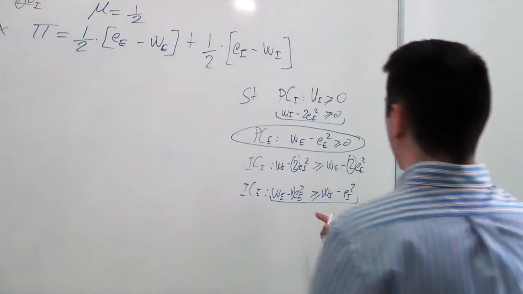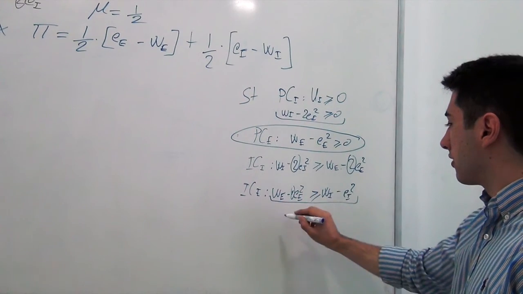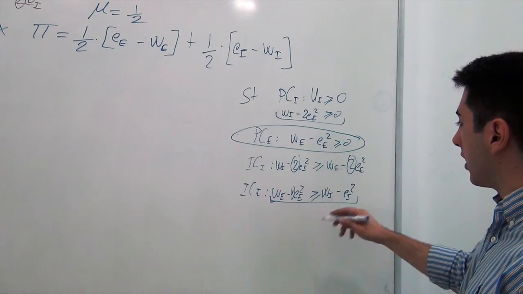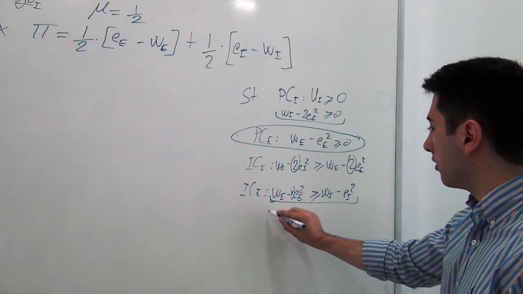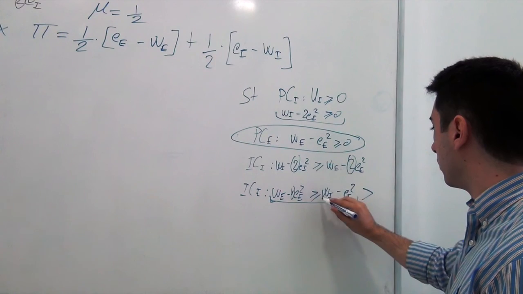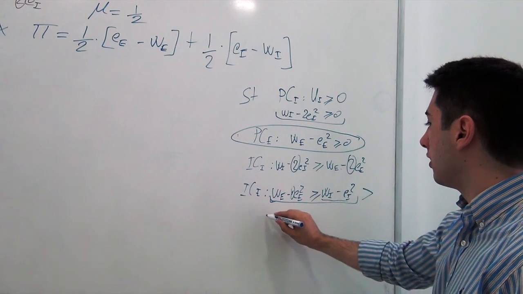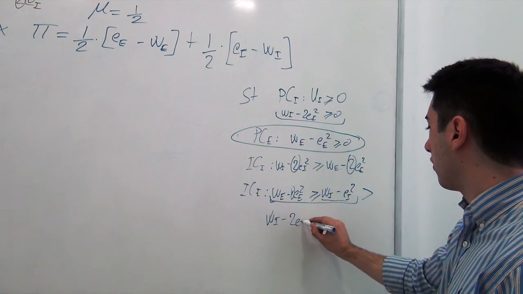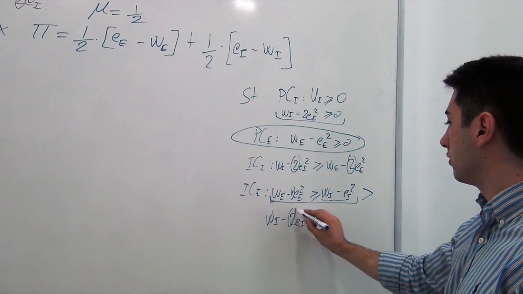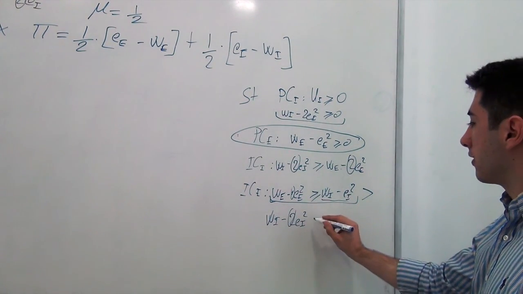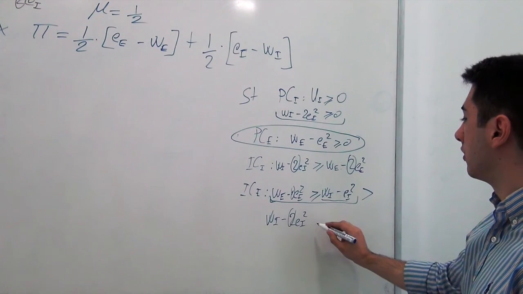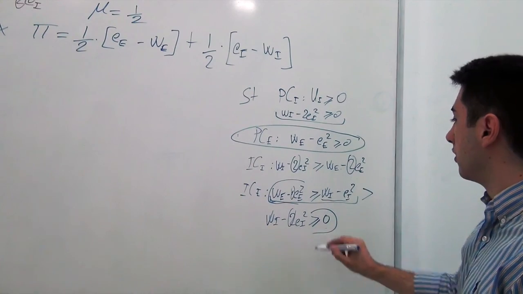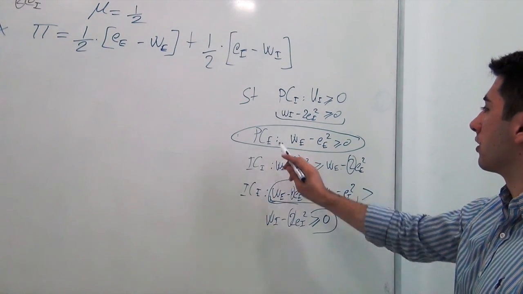Once you have this inequality satisfied, then you can simply say that this is bigger than this, and this, if satisfied, is bigger than 0, which means that this is bigger than 0, which is the same as this.